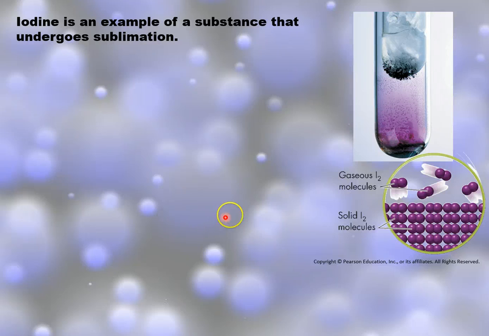So here is an example of sublimation. I like this one because it's pretty cool. Iodine crystals, when you have a lot of them, almost look silvery black because they're so dense, so compactly packed together. Here we have the molecular form of the solid iodine molecules, and we can see that in the molecular view the particles are really tightly packed together.